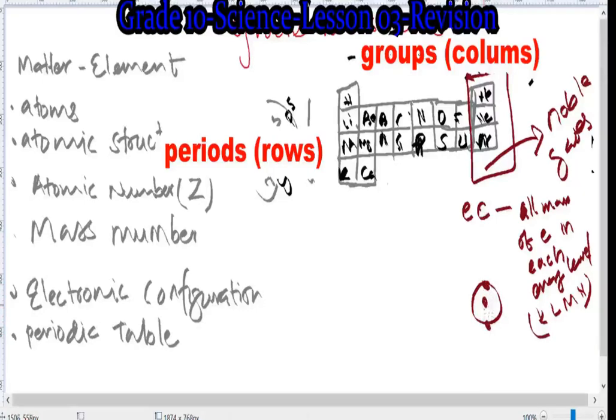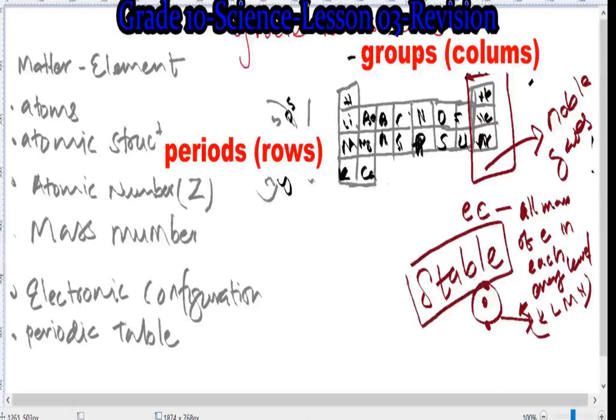This is the nucleus, don't get confused. This is the first energy level and it has 2 electrons, and the atomic number of helium is 2. It has only the energy level K, and K has a maximum of 2 electrons which it can hold. This holds 2, so this is known as stable.